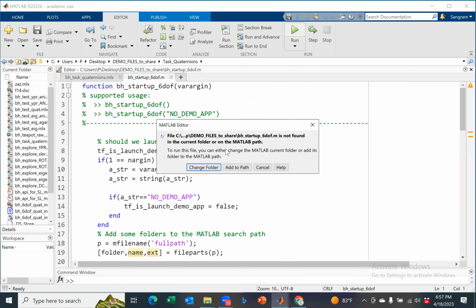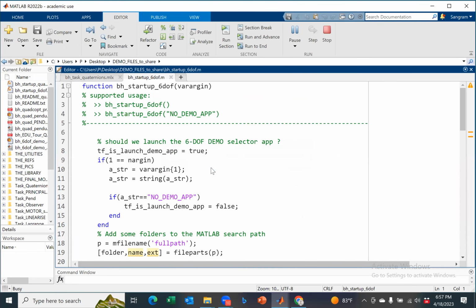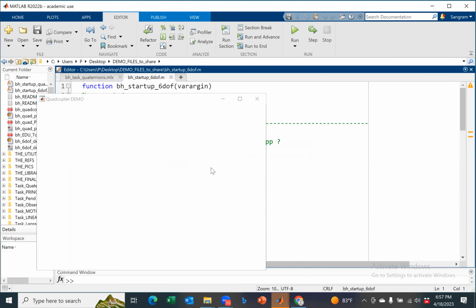Run this code. And then this actually opens the big code base.